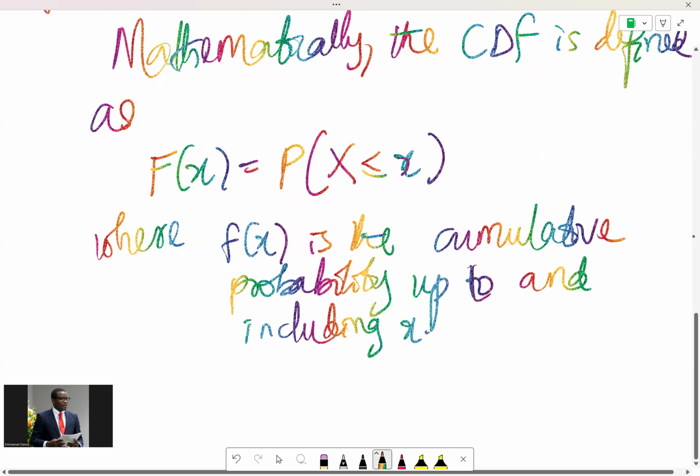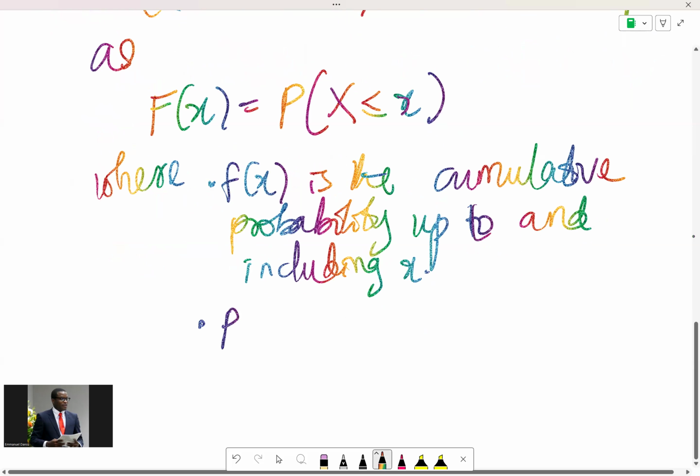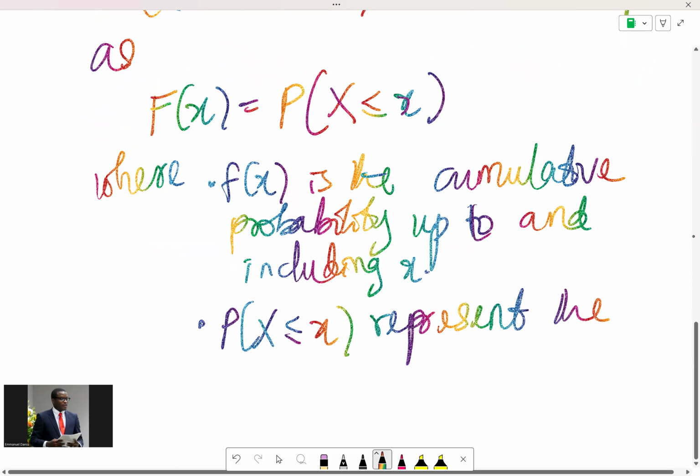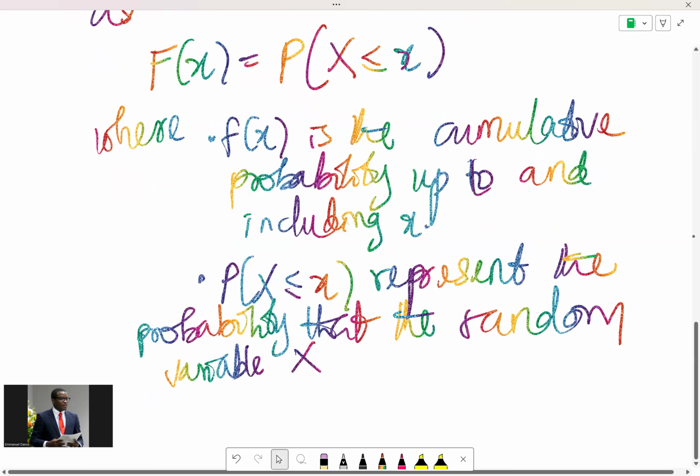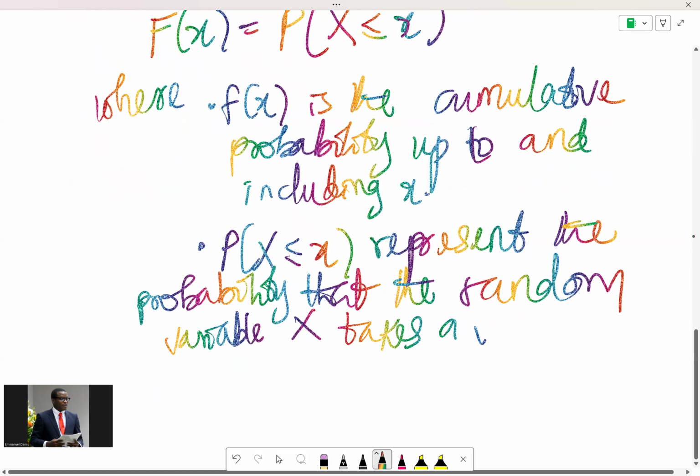Then we have P of big X less than or equal to small x, which represents the probability that the random variable X takes a value less than or equal to x.